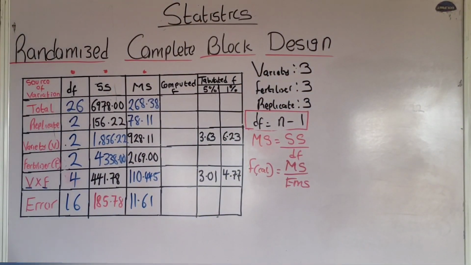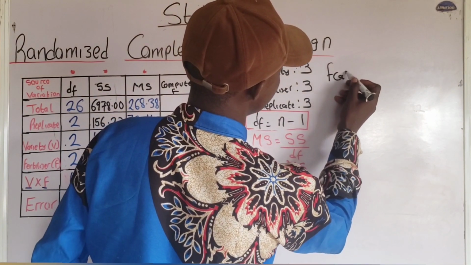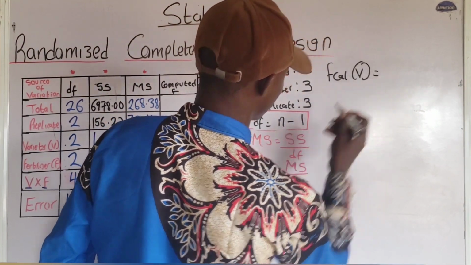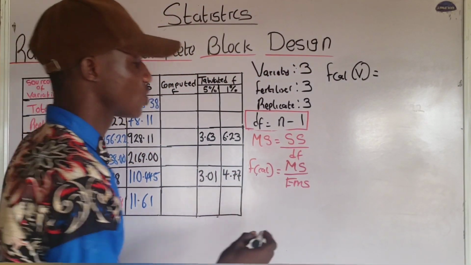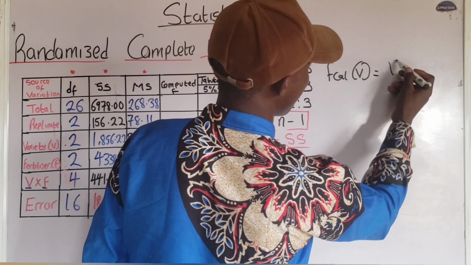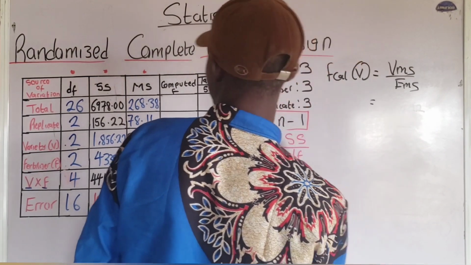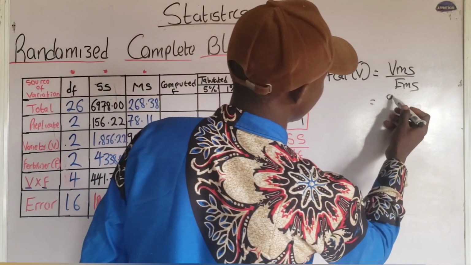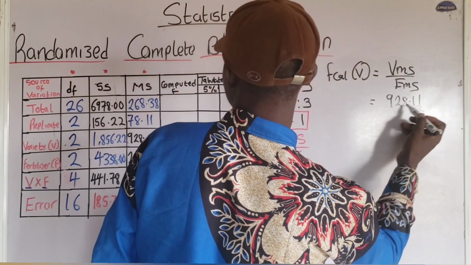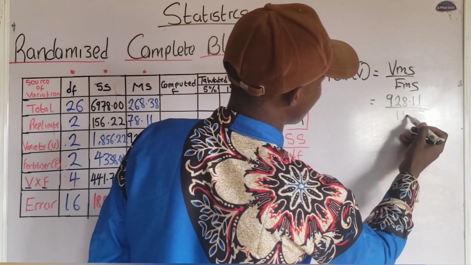F calculated for variety will be equal to, don't forget that FK is equal to mean squared all over error mean squared. So, F calculated for variety is variety mean squared all over error mean squared. Variety mean squared is 928.11, and error mean squared is 11.61.